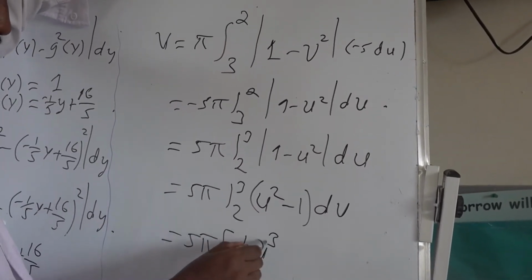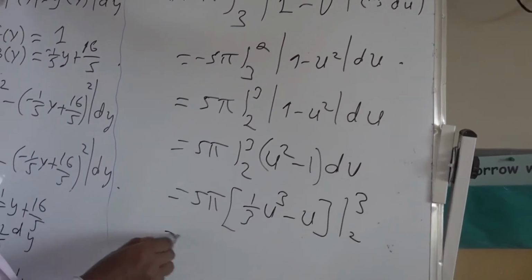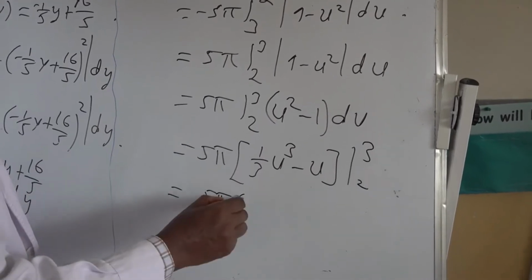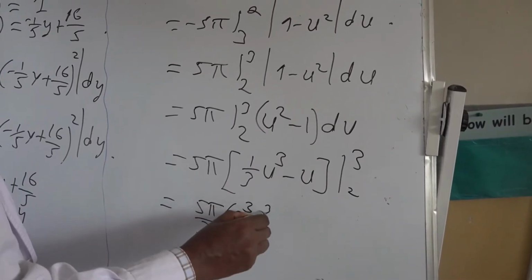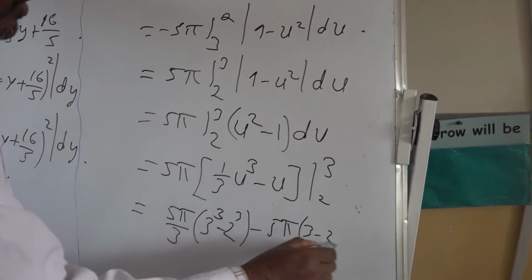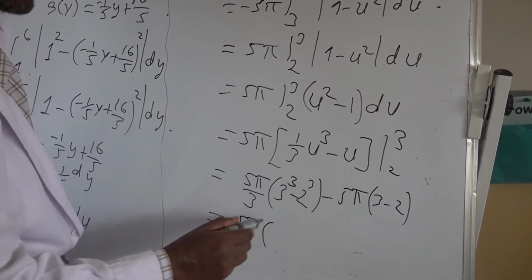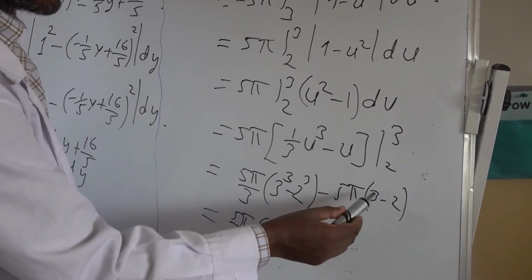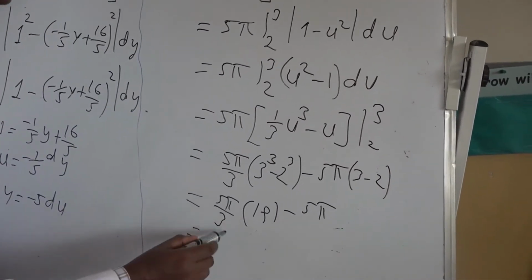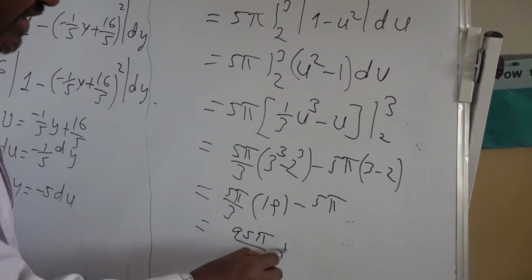Then it is a matter of evaluating this definite integral. The integral of u square minus the integral of 1, you evaluate from 2 to 3. 5 pi times 1 over 3, so 3 cube minus 2 cube, minus 5 pi times u, 3 minus 2. 27 minus 8 is 19, so 5 times 19 is 95, 95 pi over 3 minus 5 pi.